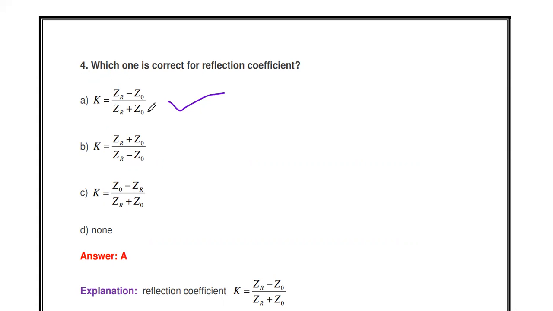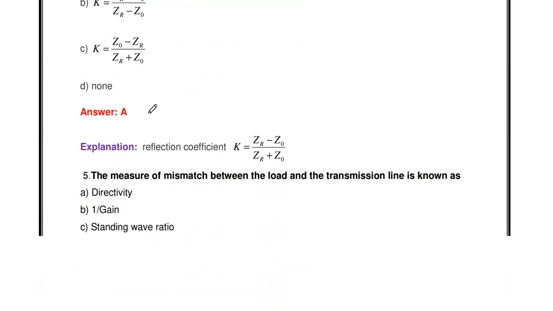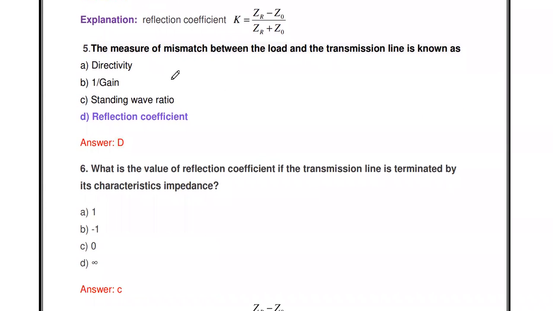Just remember this formula, K equals (ZR minus Z0) by (ZR plus Z0). The next one: the measure of mismatch between the load and the transmission line is known as dash. The mismatch between load and transmission line is indicated by the reflection coefficient.